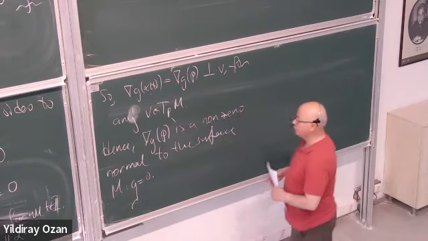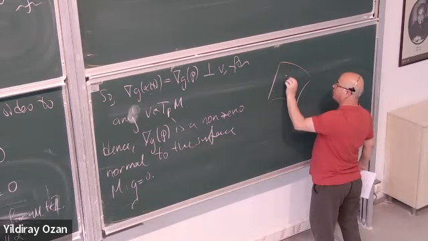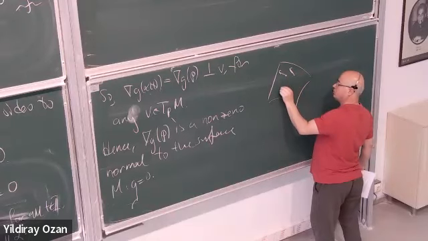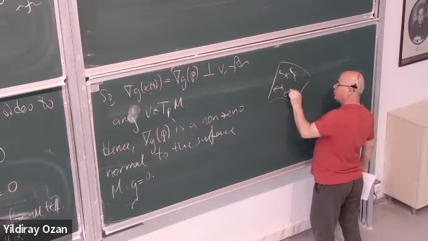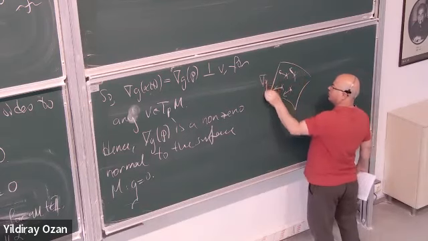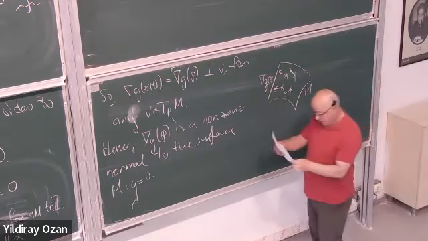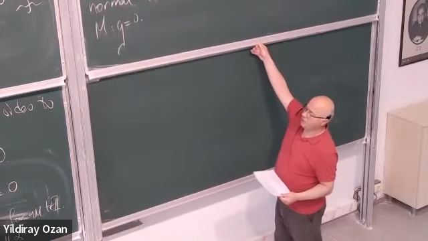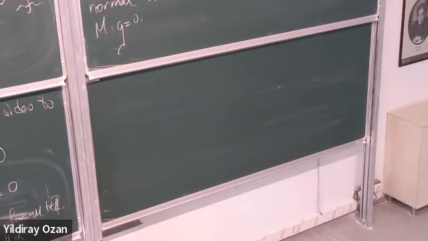So your surface is like this, and your gradient vector is always normal to the surface, the gradient of G at P. So this is an easy way of obtaining a normal vector to your surface in case it is given by an equation.